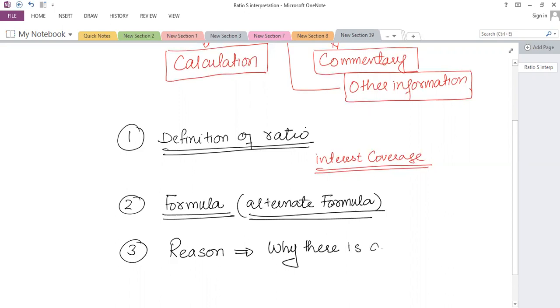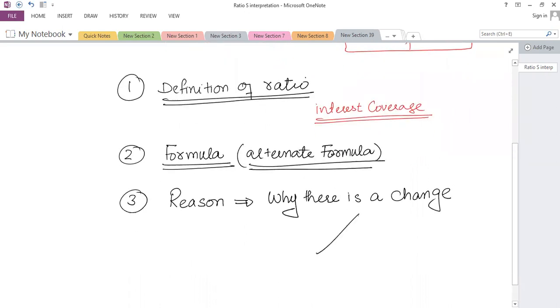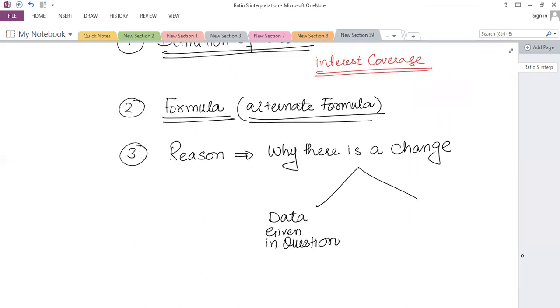Why there is a change. And when you talk about the change, sometimes you have to talk about the data given in the question. And if you are not able to locate it, or not enough information has been given in the question, then some journal discussion.